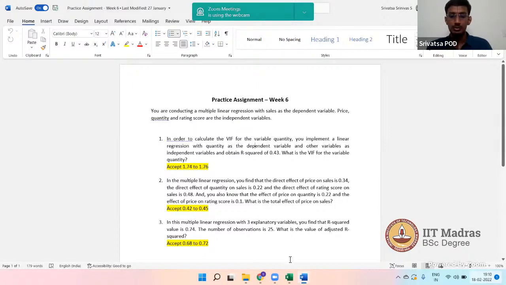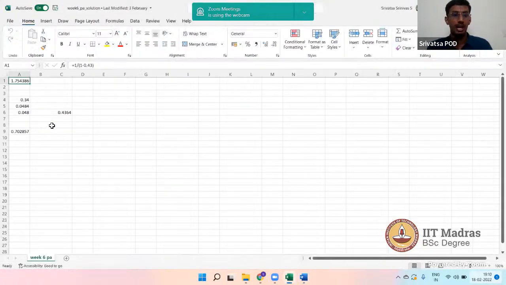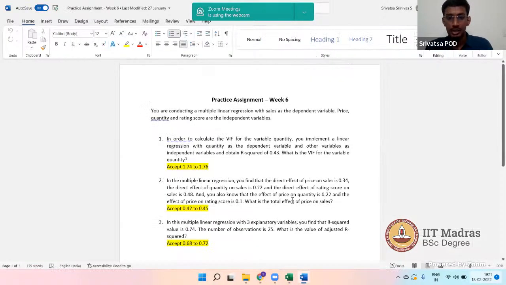You have the direct effect, which is 0.34. Then you have two indirect effects, coming via rating score and via quantity. You want the indirect effect of price on sales via quantity and rating score.